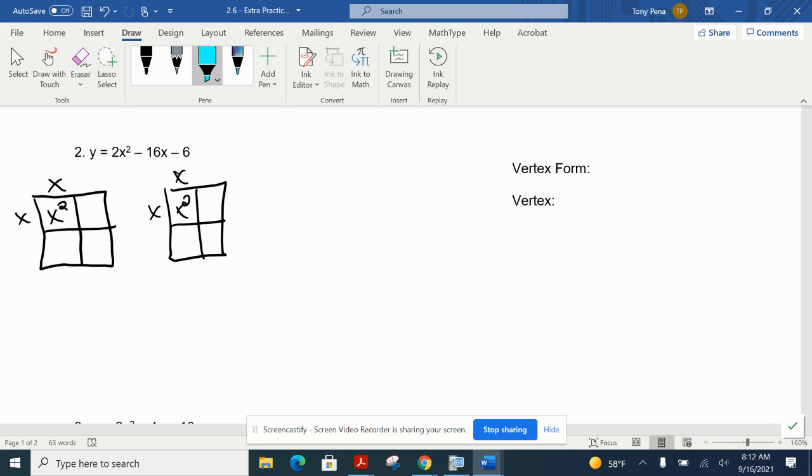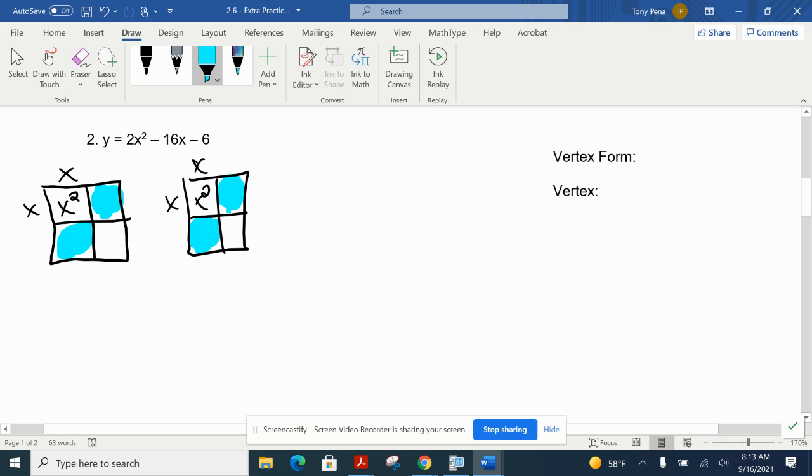All right, without me prompting you or giving you hints, fill in what should go in these 4 corners here. All right, anybody confident what goes in each of those 4 blue boxes?